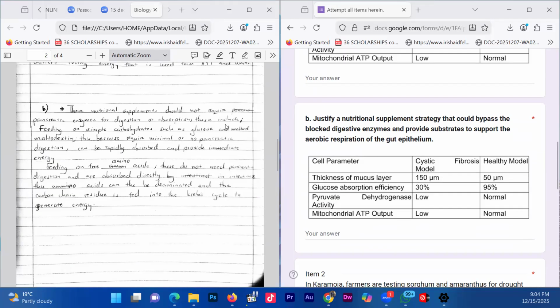So nutritional supplement, justify, meaning you give a nutritional supplement with a reason. Okay, let me get a pen once again.